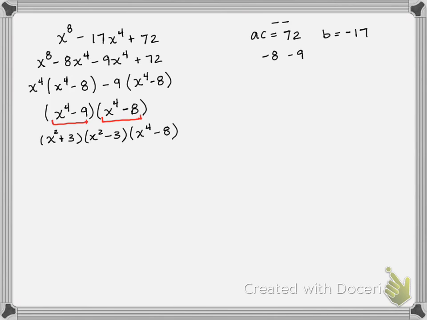Can either of those be factored? No, because 3 is not a perfect square, right? And so we're done. But notice that we thought about it in every step, like whether we could factor it. So if there are exponents, you always have to ask yourself, is this going to factor?